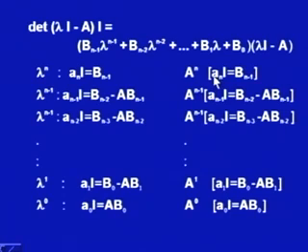This is a_n A^n, and here I have B_(n-1) multiplied by A^n, and this is a_(n-1) A^(n-1), multiplied by this. So this becomes A^n.